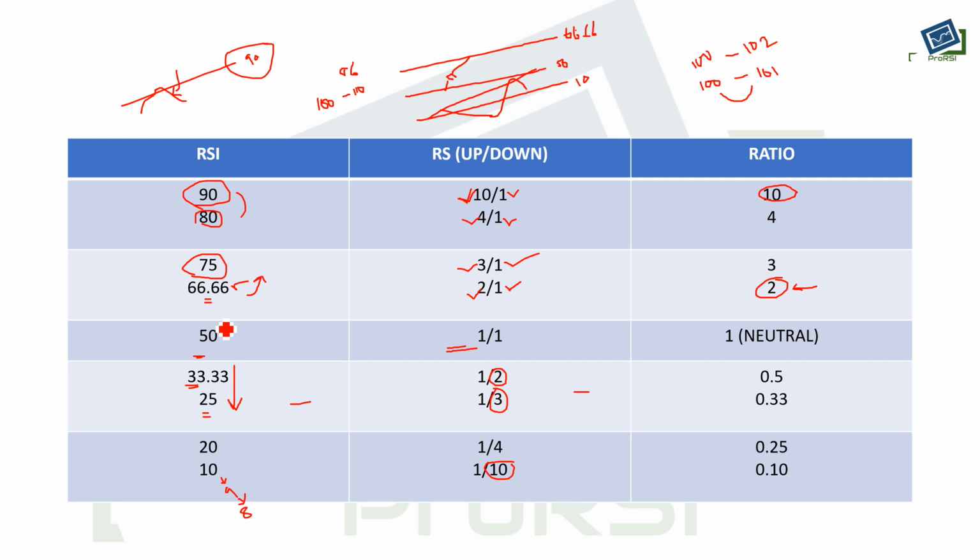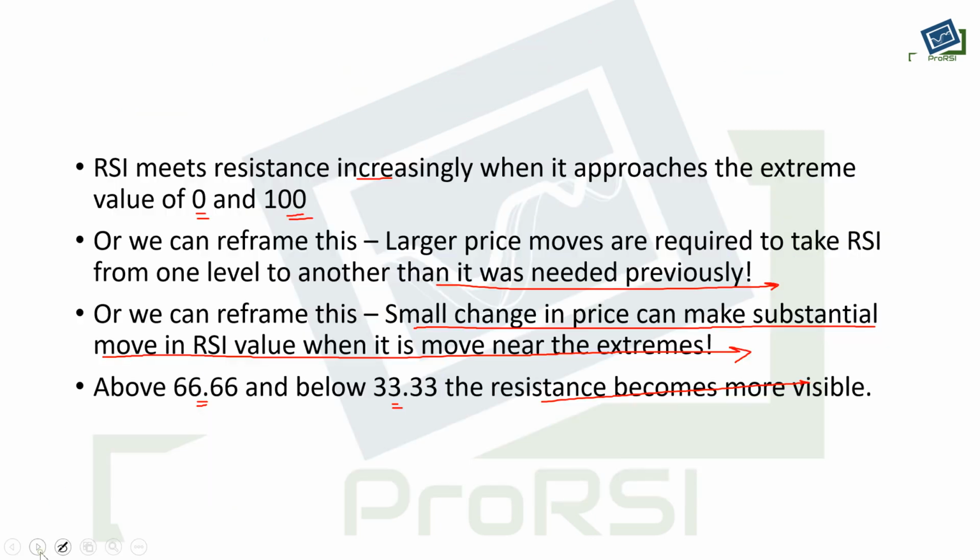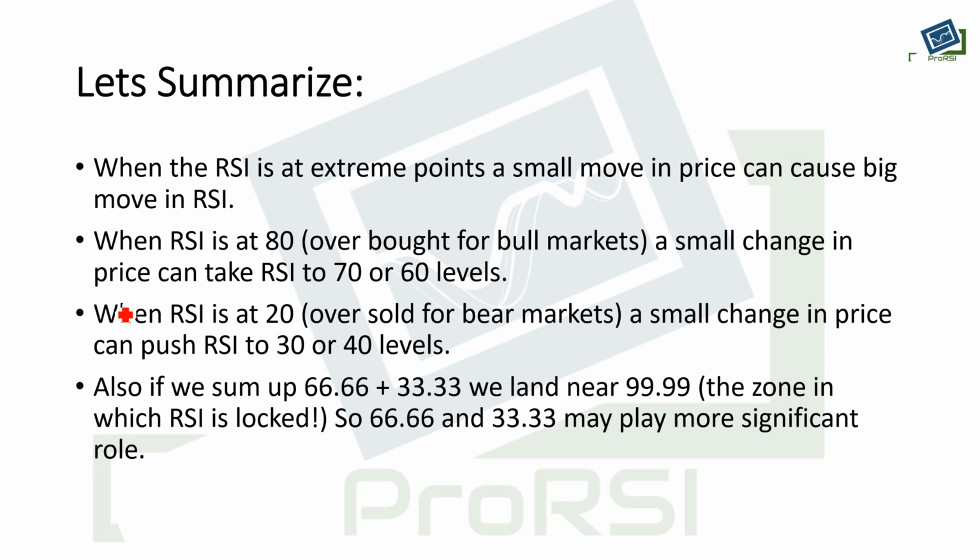Till 66.66 and 33.33, the resistance will not be much visible. But as you move above 66.66 or below 33.33, the ratio starts to change and this resistance becomes visible. That's why these two levels are more important, and we keep our range rules to these levels.